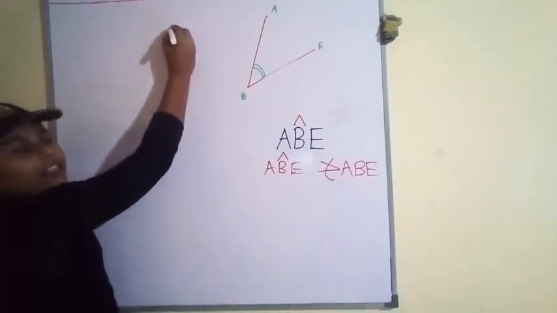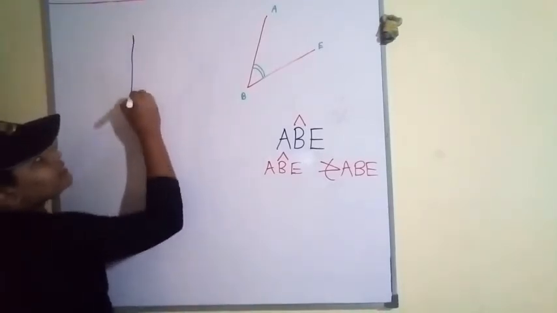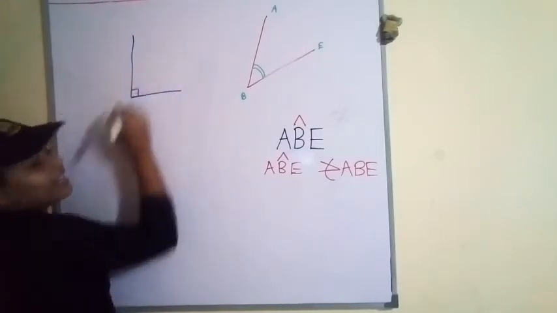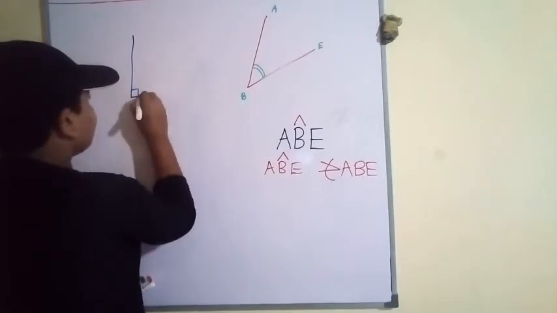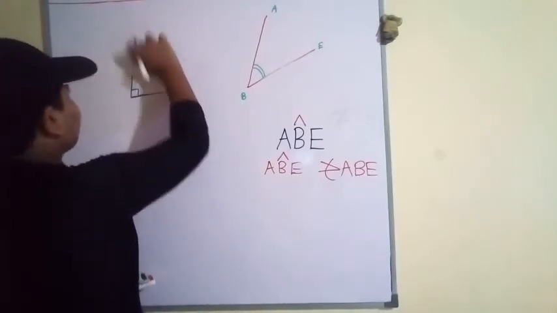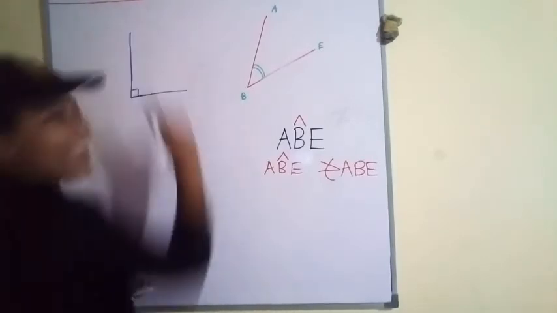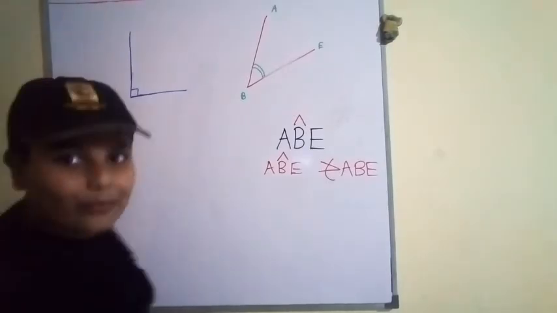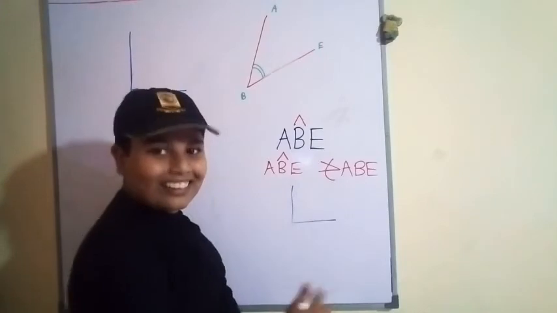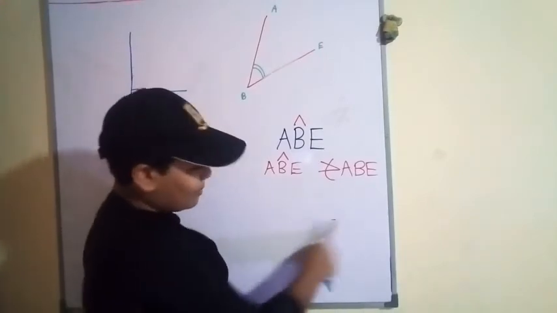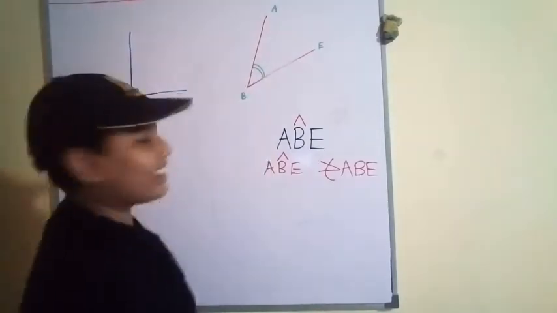Now, you have an angle like this. This is called the right angle. You can name this as a right angle. That is not a right angle, that is an acute angle. On the whiteboard, I can't draw the line correctly because it goes zigzag.